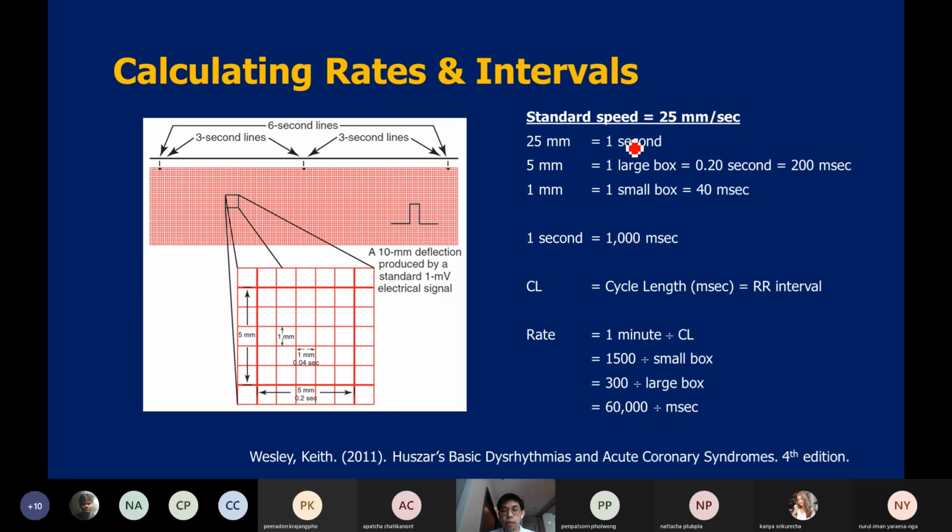The cycle length is the RR interval in milliseconds.